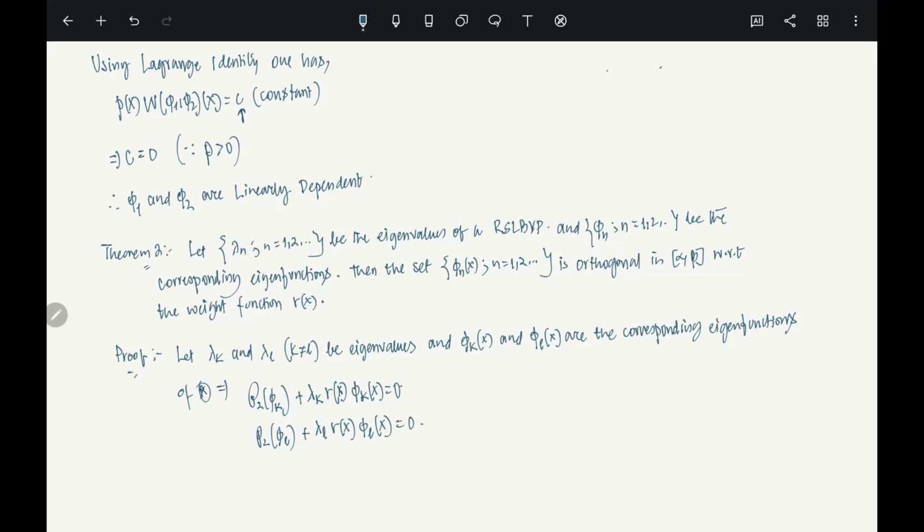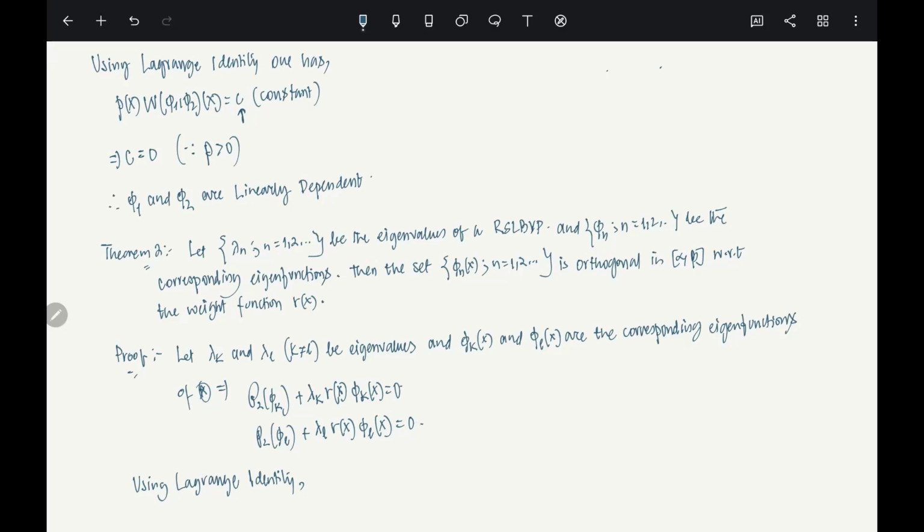Now again we use the same Lagrange identity, or Green's identity, whichever you want to call it. Using Lagrange identity, you multiply the first with phi l and the second with phi k, and then you integrate it.